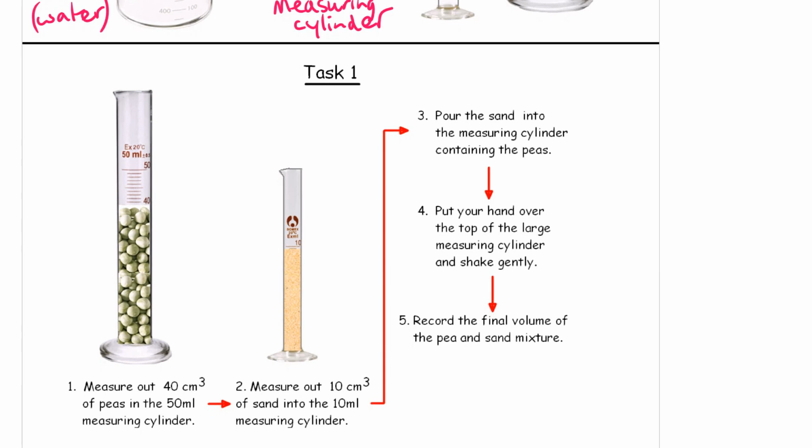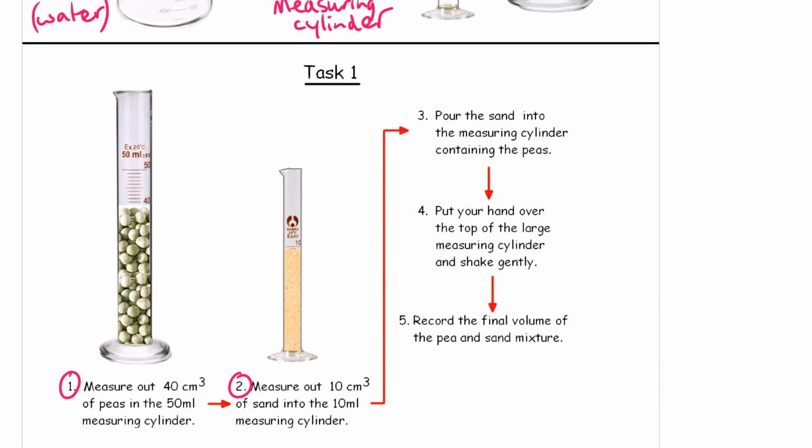Well, task 1 is, and you should be able to follow this, number 1, measure out 40 centimeters cubed of peas into the big measuring cylinder. Number 2, measure out 10 centimeters cubed of sand into the smaller measuring cylinder.